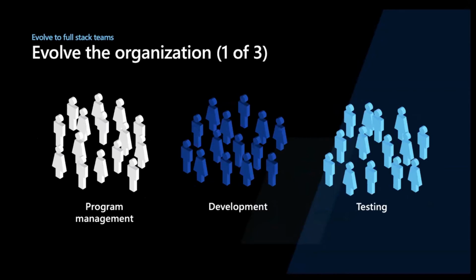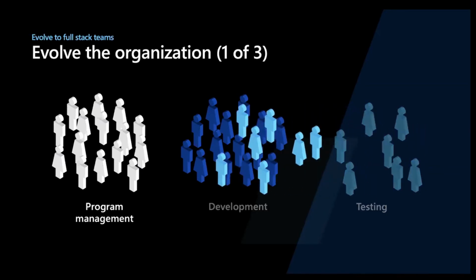And it works, it's functional. It's the way a lot of organizations are structured. But the challenge here is you're very discipline focused. I come in as a developer and I want to develop the best code that I can possibly develop. I'm going to come in as a tester and test it really well. Or I'm going to be that program manager and focus on overall scoping and designing that product.